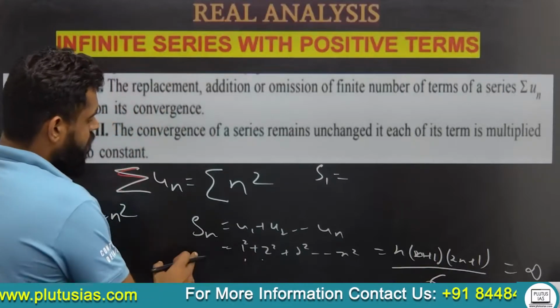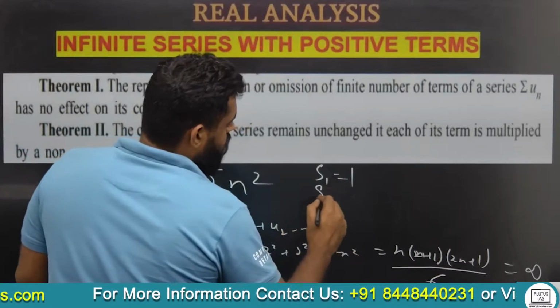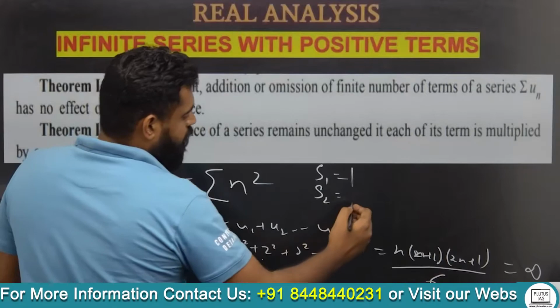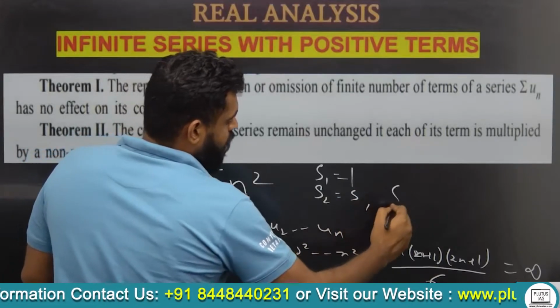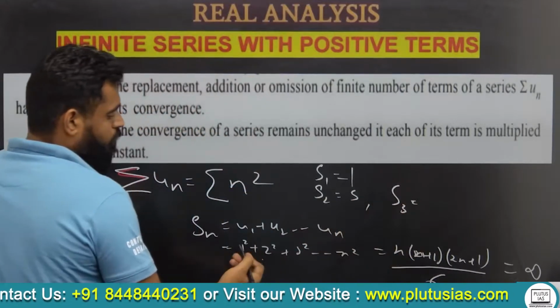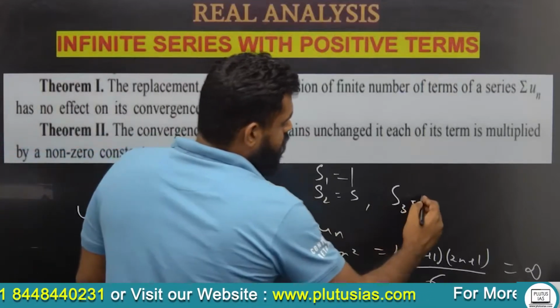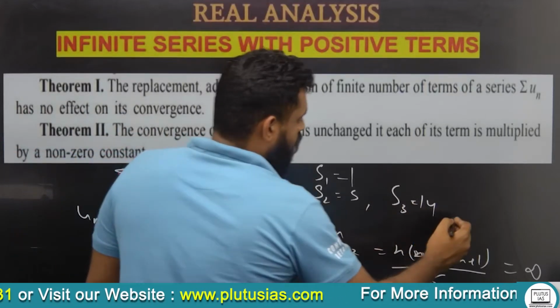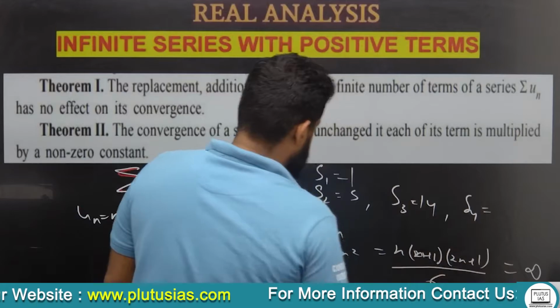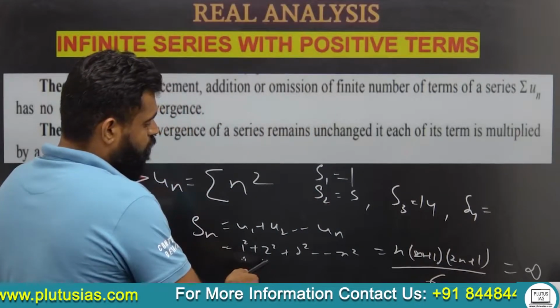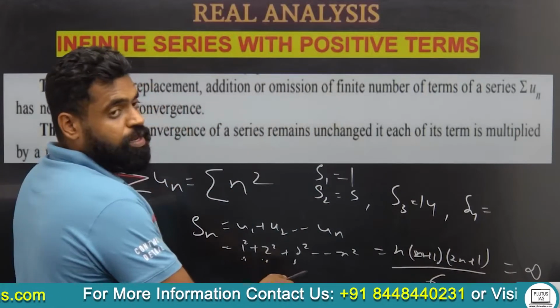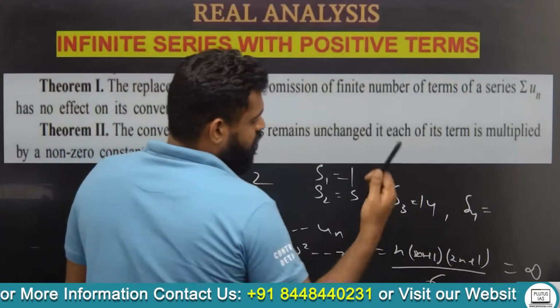Okay, so if I take S1 here, we get 1. If I get S2 here, we get 5. If I get S3 here, 4 plus 1, 5, 5 plus 9, this is 14. Suppose I take S4 also, then we have 14 plus 16, this is 30.